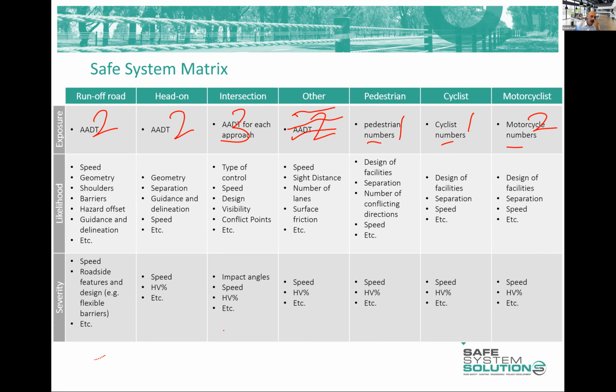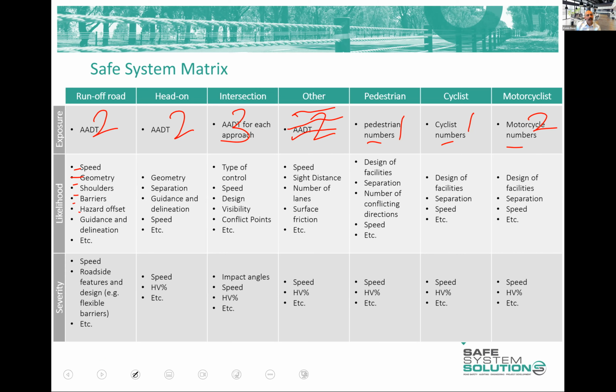And so for each of those, what you do in your safe system assessment matrix is dot point out all of these things that you believe are altering this chance of crash. So this is where it's more than just writing a number in. You've got to paint the picture.